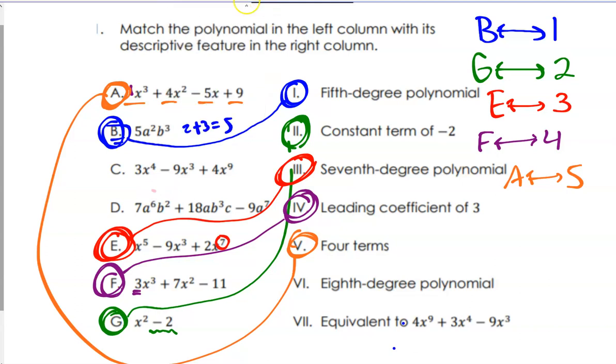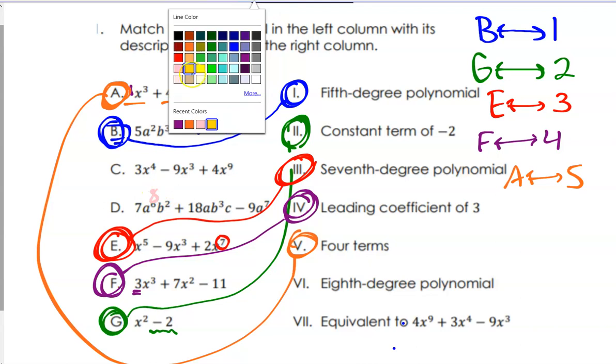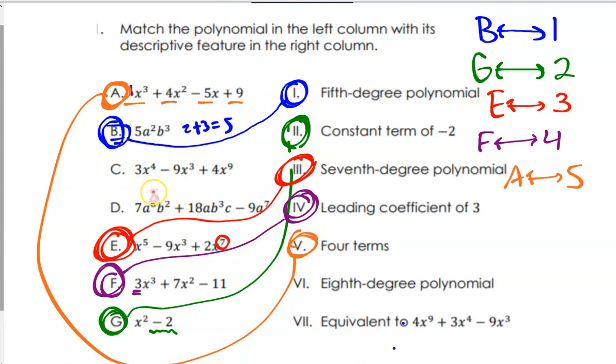I'll do a gold. Okay, so 6 plus 2 gives me 8. My next term, we have 1, 3, and 1, so that degree is 5. Here my degree is 7. 8 is the biggest one, so D and 6 are going to match.